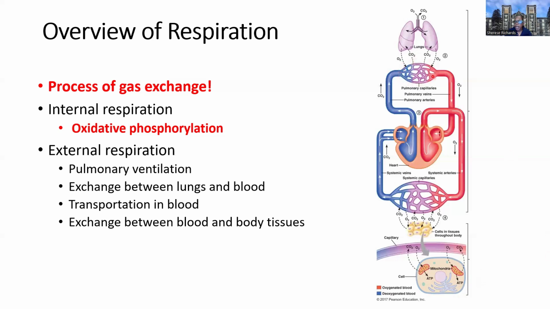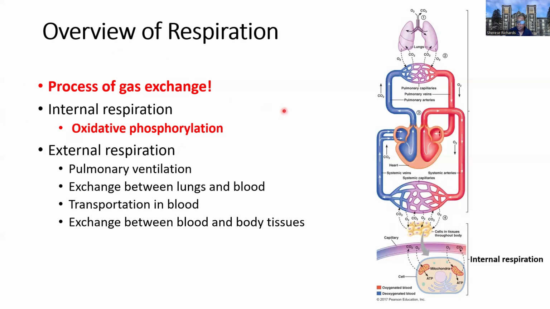Up here at the alveoli, their surface area is lined by these pulmonary capillaries, so the blood and the oxygen are going to come very close in contact to allow that exchange. And then transport happens in the blood, and exchange can happen down here at the capillary tissues. All right, so several different mechanical steps, but the end game is oxidative phosphorylation.